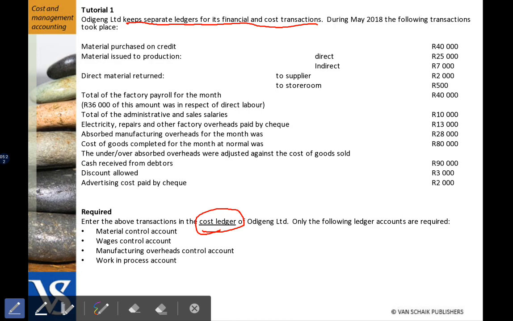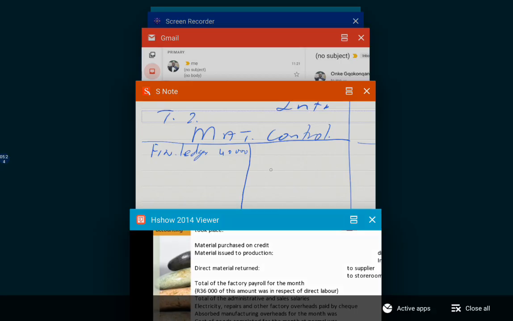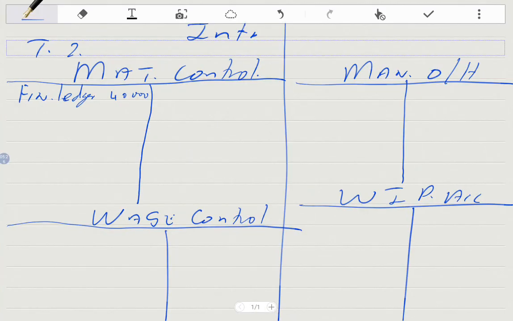So we know that with the direct one of 25,000, we credit our material account and debit work in process with 25,000 for material. There's no issue in this case because both of these are cost accounts.